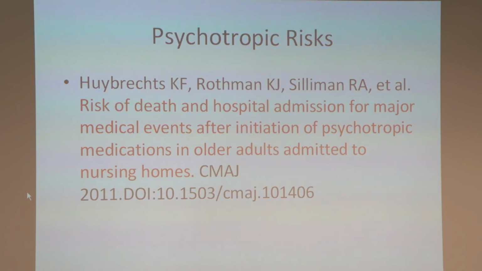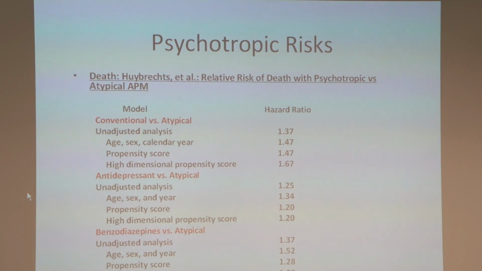This is an interesting study. Heibrechts looked at other classes of psych drugs in a nursing home cohort in Canada. This is the only data I could find for SSRIs and benzodiazepines regarding mortality. What he did in this study was compare the other drug to the atypical.